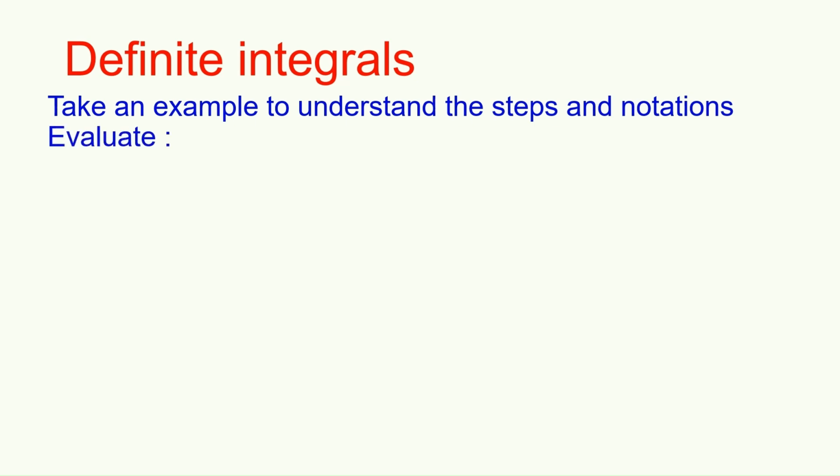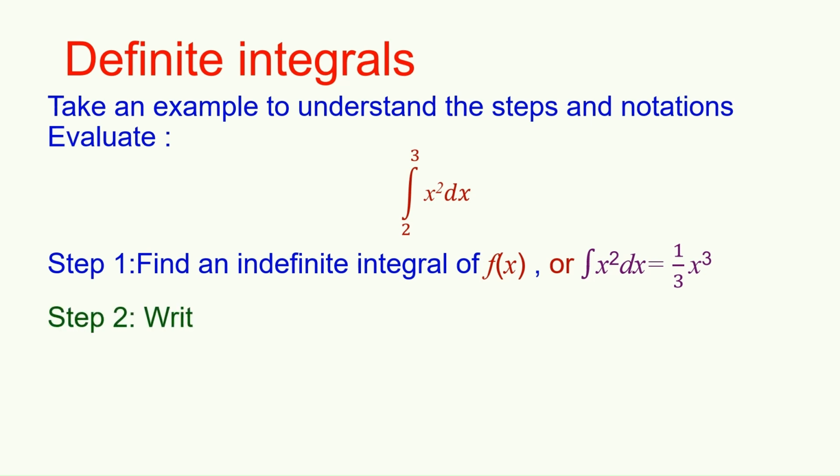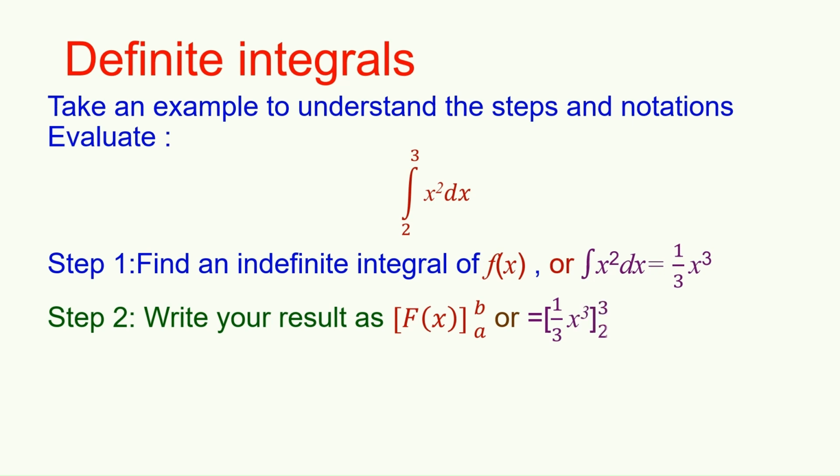Take an example to understand the steps and notations. Evaluate the integral of x squared with respect to x from 2 to 3. Step 1. Find an indefinite integral of f(x), or the indefinite integral of x squared dx equals 1/3 x cubed. Step 2. Write your result in square brackets from a to b. That is 1/3 x cubed in square brackets from 2 to 3. Step 3.